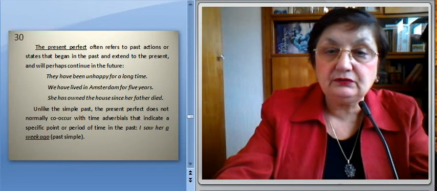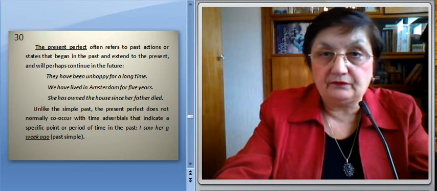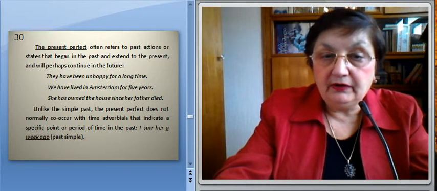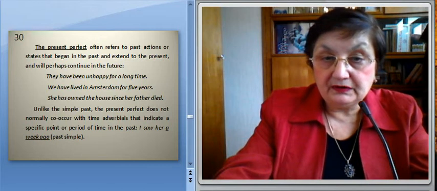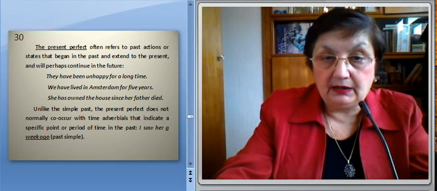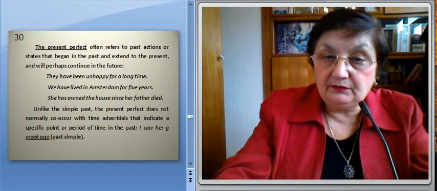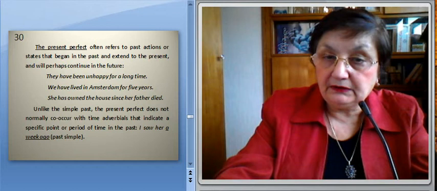Unlike the simple past, the present perfect does not normally co-occur with time adverbials that indicate a specific point or period in the past. "I saw her a week ago" is given in the past simple, while "they have been unhappy for a long time" is given in the present perfect tense form.